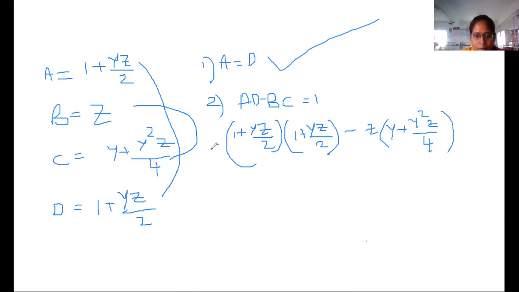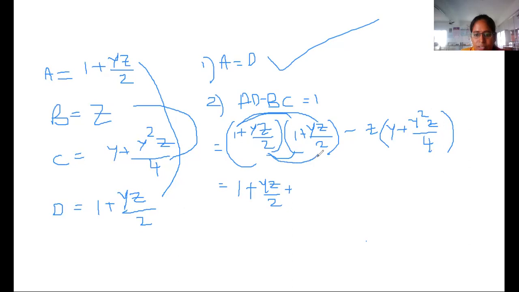Okay, so we can multiply these two: 1 into 1 is 1, 1 into YZ by 2 is YZ by 2, and this can be multiplied with both terms.